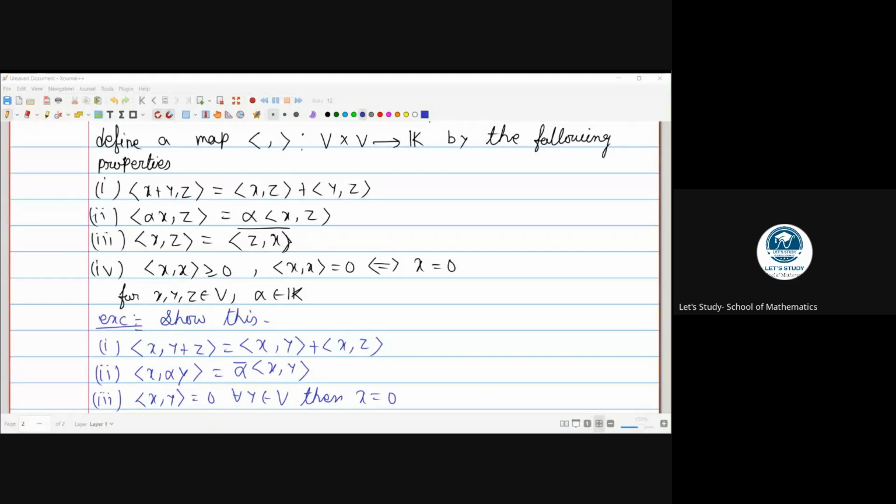Then you break it up, take the conjugate of each, and then use the third property, and you will get what you are looking for. What about the second one? The second one is also the same, just change the order. What about the third one? For the third one, just put y equal to x. Now by the fourth property, right? Yes. Very good.